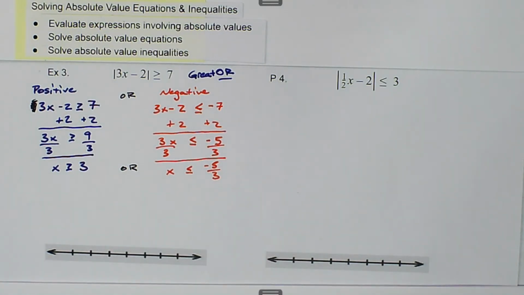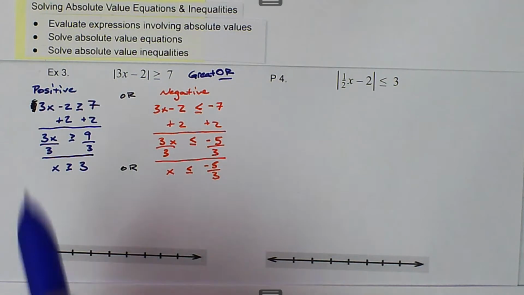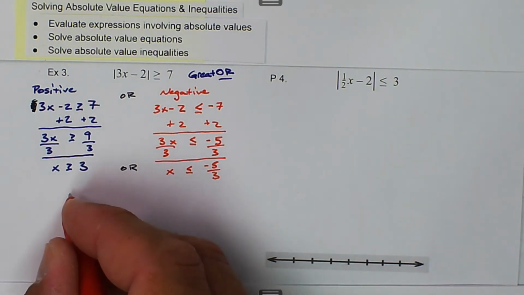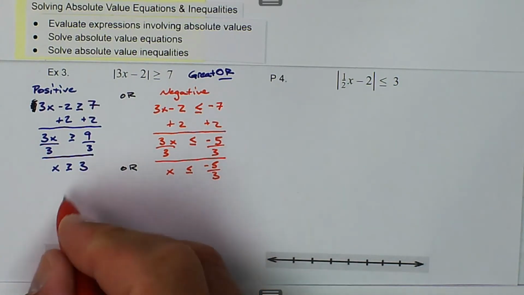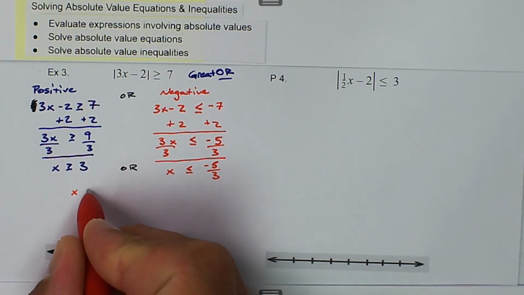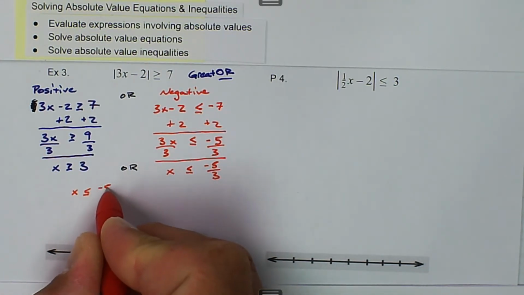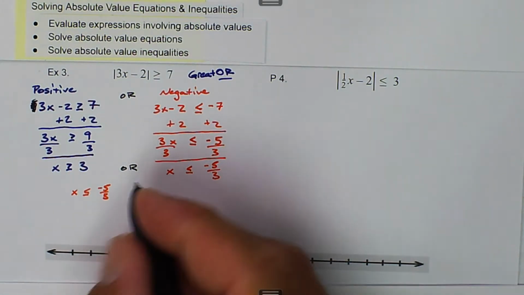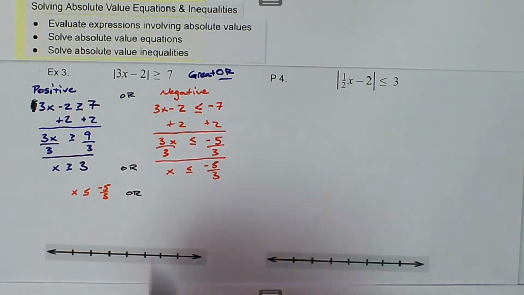So we can write this down, usually writing the smaller version on the left. So in set builder notation, we have x is less than or equal to negative 5 over 3, or x is greater than or equal to 3.